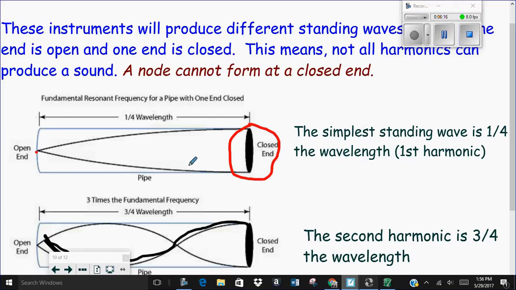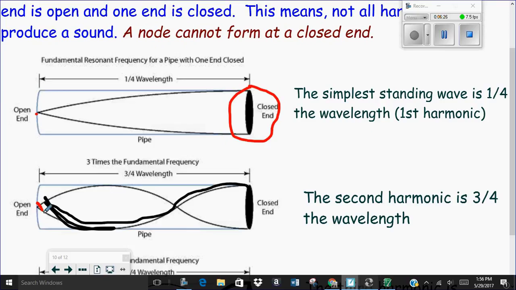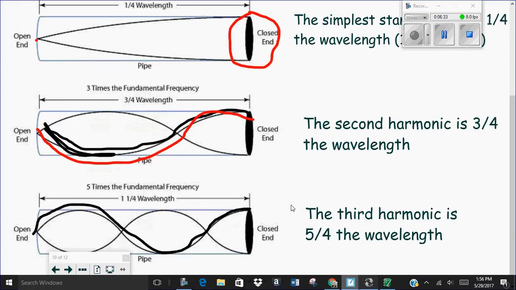So the first fundamental frequency will have 1/4 wavelength, and then it'll go up in half wavelength increments after that. So the next one is half plus 1/4 to make 3/4 wavelength. The next one after that is going to be 1.25 wavelengths.